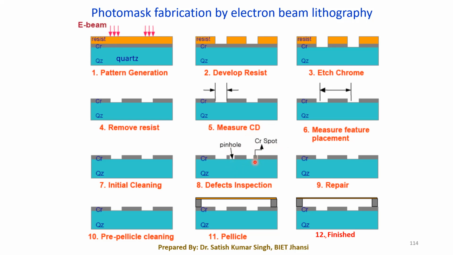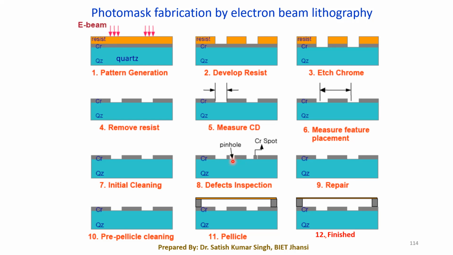Once these kinds of defects are inspected, we have to go for repairing. So how do we repair it? In the case of pinholes, we have to deposit extra chromium onto these spots; selective deposition of the chromium has to be done.